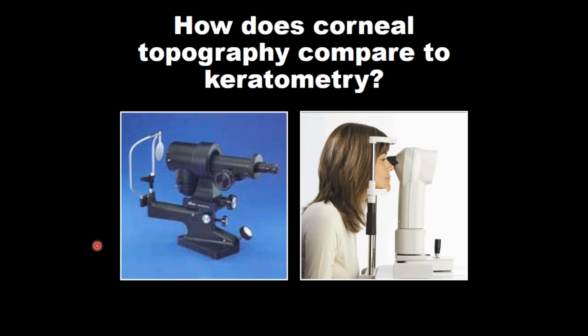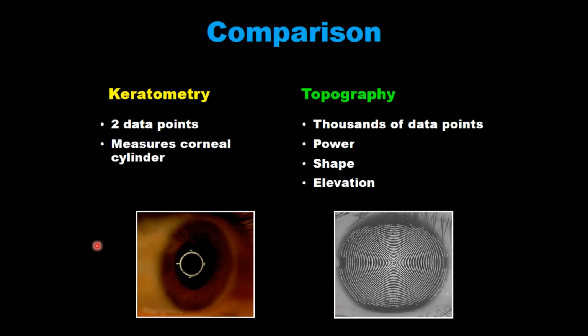So how important are keratometry readings in the practice of Ortho-K, and is a topographer necessary in the beginning, the construction of the lenses, let's say? So let's look at strengths and weaknesses of K readings. With keratometry we get two data points effectively, and really the keratometer does one important thing for us: it measures corneal astigmatism.